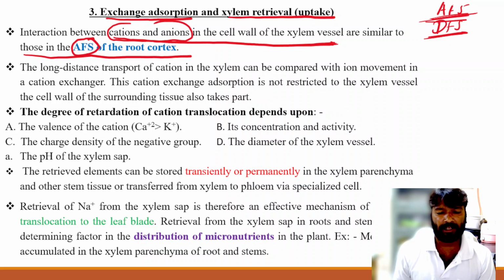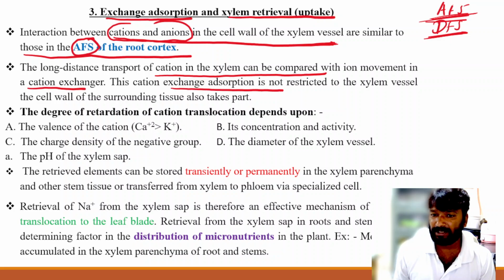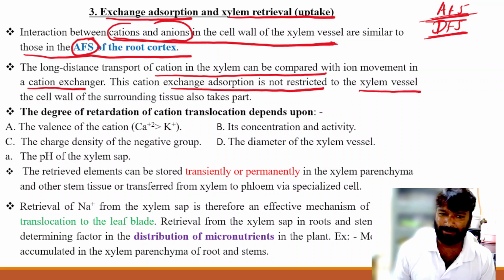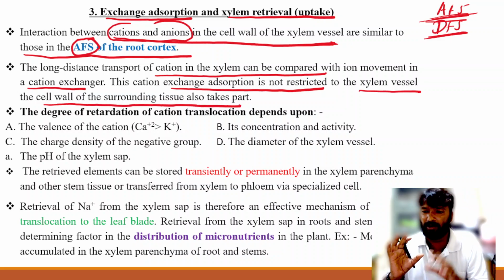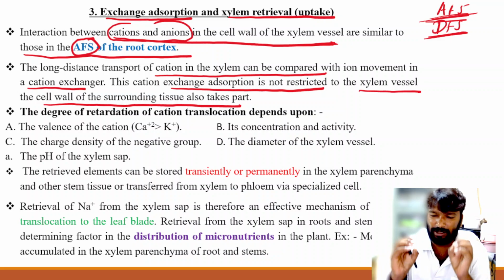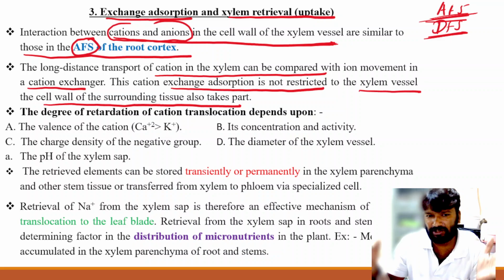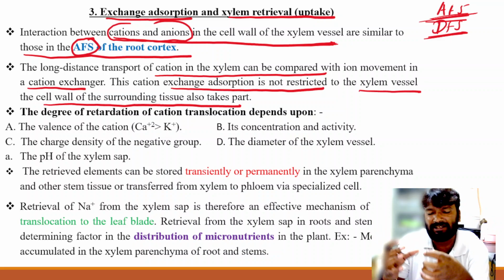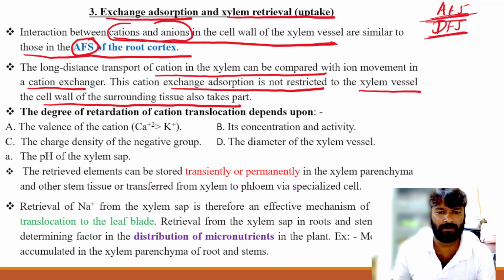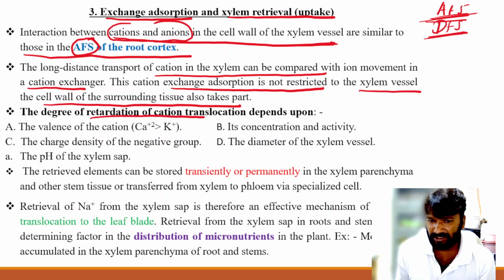Okay, so the long distance transport of cations in the xylem can be compared with ion movement in a cation exchanger, and this cation exchange adsorption is not restricted to the xylem vessels. The cell walls of the surrounding tissue are also involved. Means not only the cell walls of the xylem vessels, but the surrounding tissue also takes part in this exchange and absorption of nutrients. Okay, so the degree of retardation of cation translocation depends upon the valency of the cations.